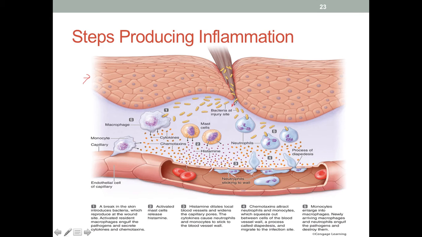So step one, once the bacteria are present in our system, it will activate the resident macrophages, meaning the macrophages that are already in that area. They are on patrol doing surveillance, and now they can see the foreign bacteria, and these macrophages will react. So we can see here, they will engulf the bacteria.